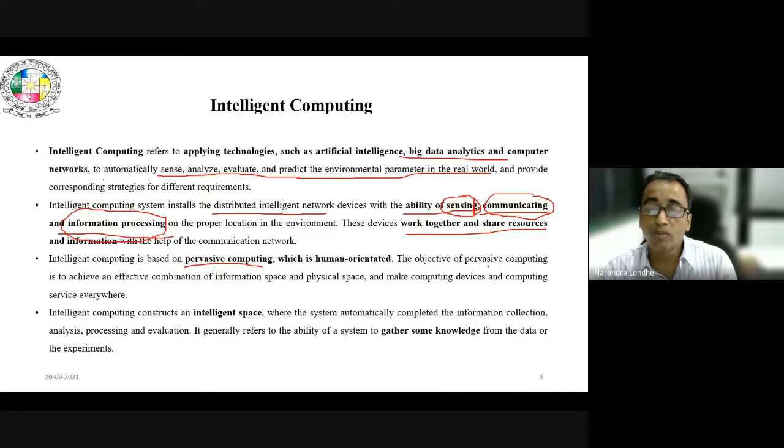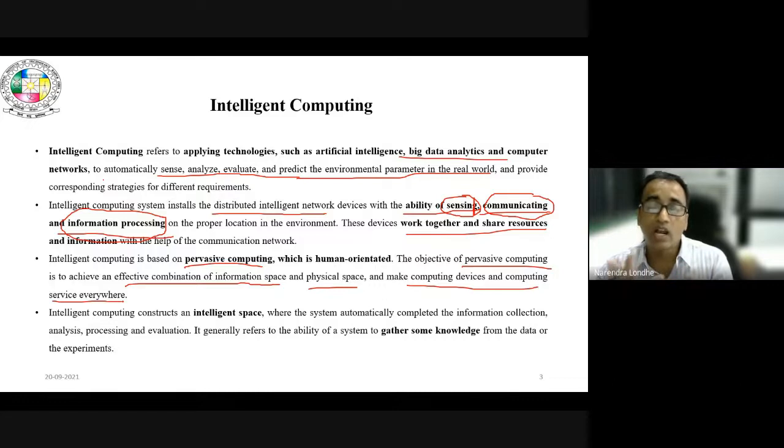The objective of pervasive computing is to achieve an effective combination of the information space and physical space, making computing devices and computing services available everywhere. That is what is expected everywhere. Let me give an example. Say you have an intelligent car.